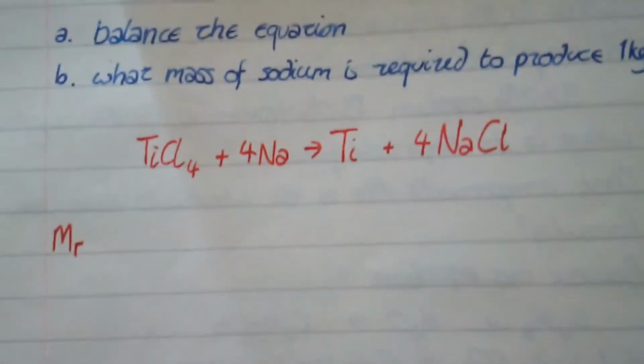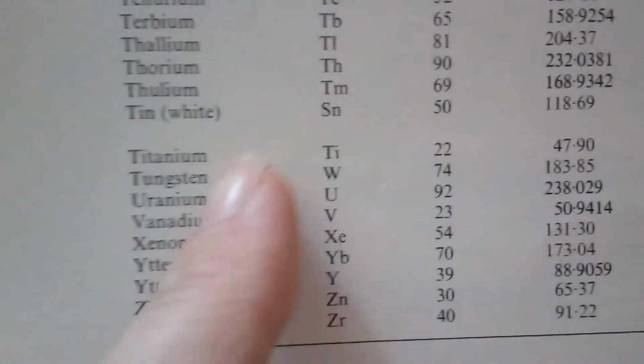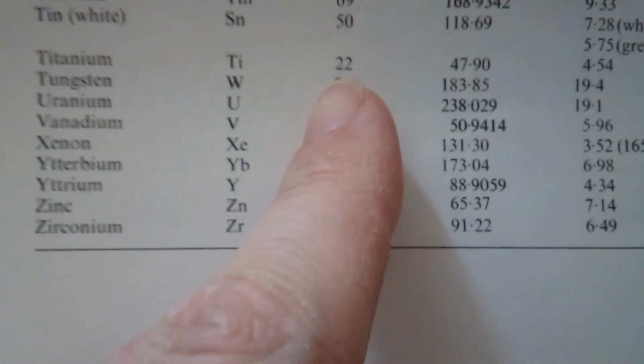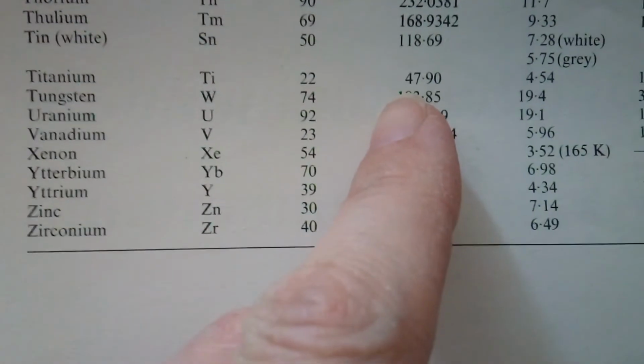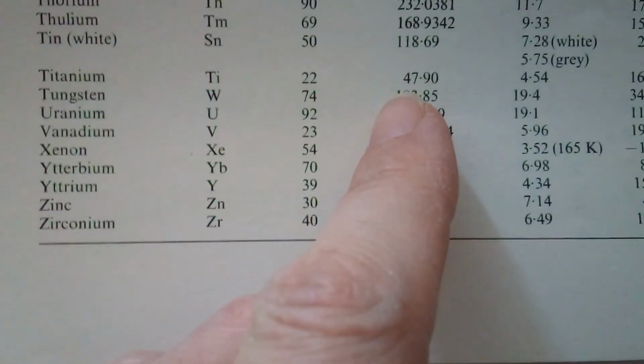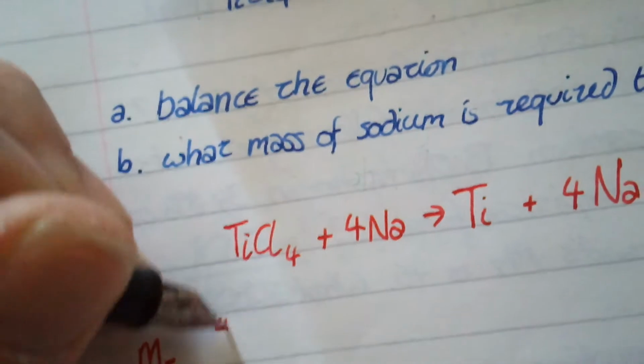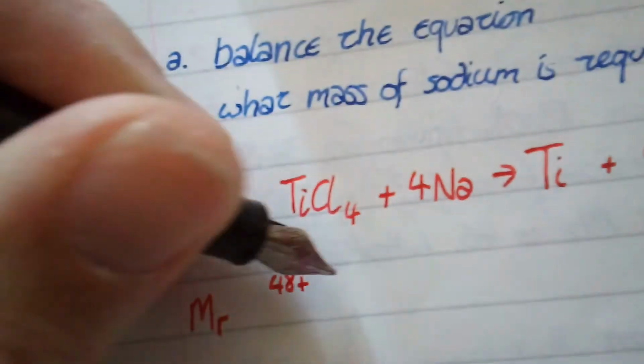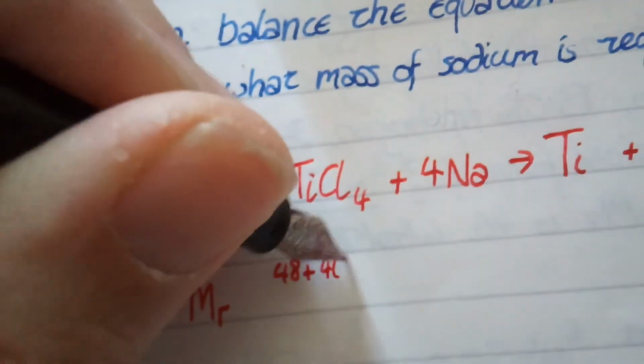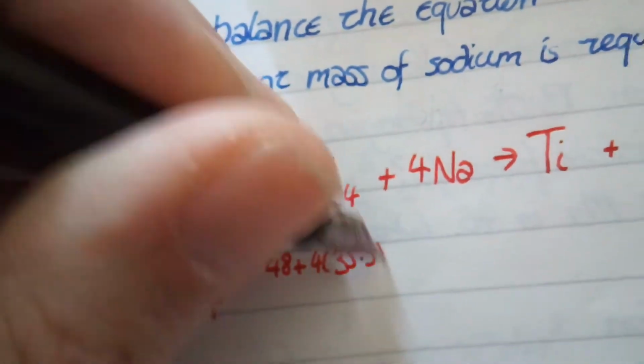Okay, so anyway, looking it up, titanium, Ti, atomic number 22, mass number, it's going to say 48 on your periodic table. So I've got 48 plus 4 lots of 35.5.